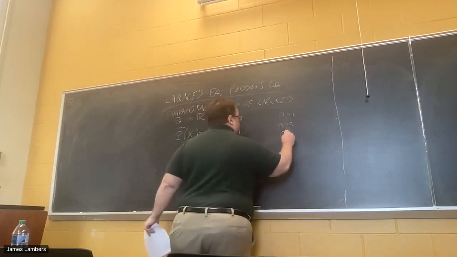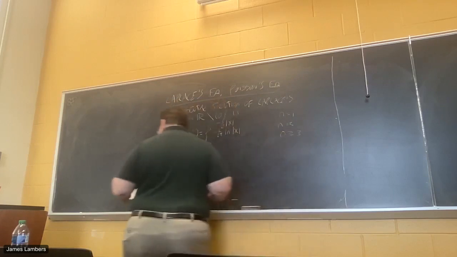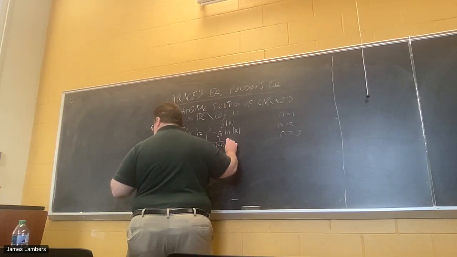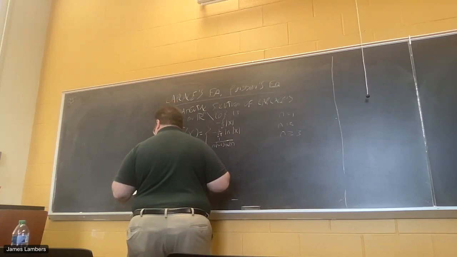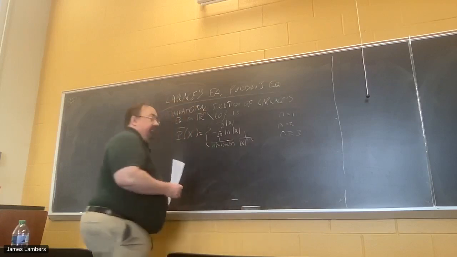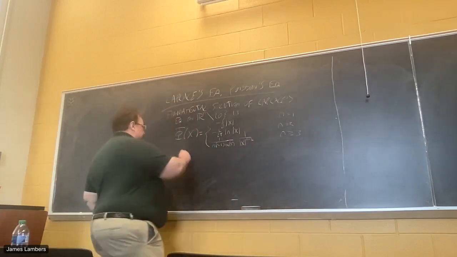And then for all other n, 1 over n times n minus 2 times alpha of n, which I'll define in a moment, times 1 over magnitude of x to the n minus 2.